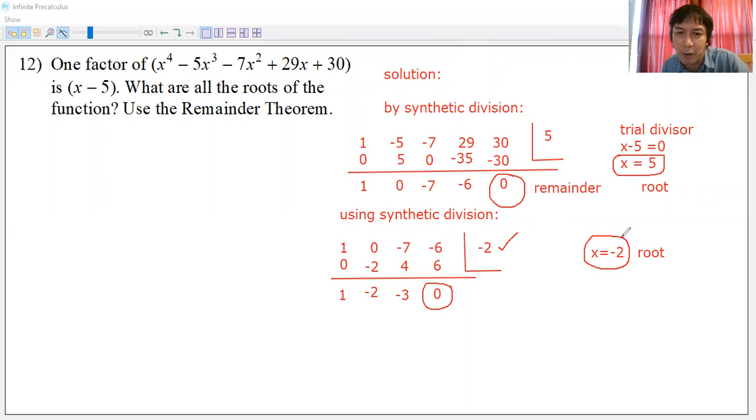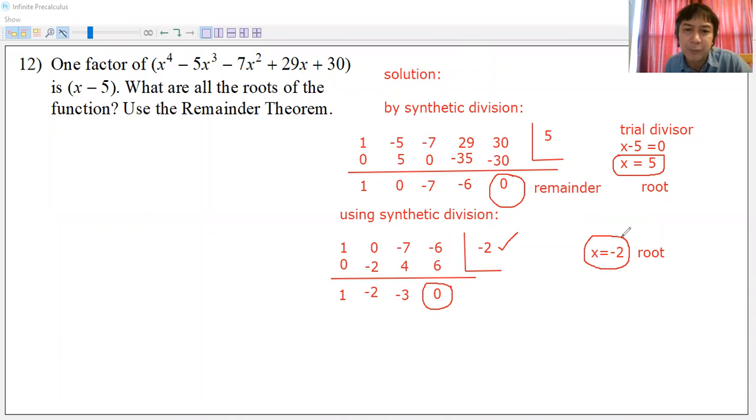How about 3? Can we use a 3 or -3? Can we try that? Or +1. Those are possible roots of the equation.